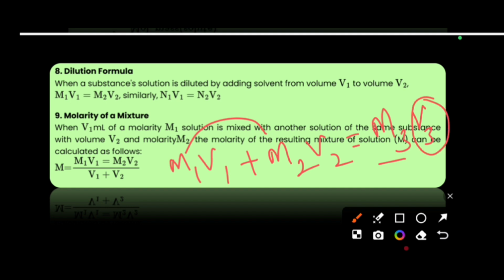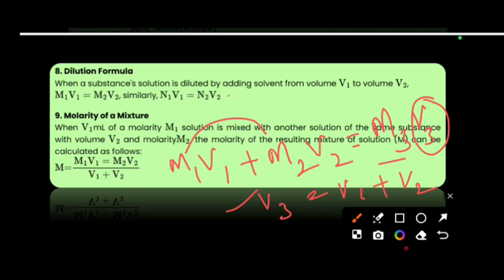It is the addition term. Here V3 you can use as V1 plus V2. Whenever you are adding two solutions, definitely the volumes will add. Suppose you have taken 20 ml plus 30 ml, then it will be 50 ml. So that volume you can keep here as V3. By using this formula you can solve for the molarity of the mixture.